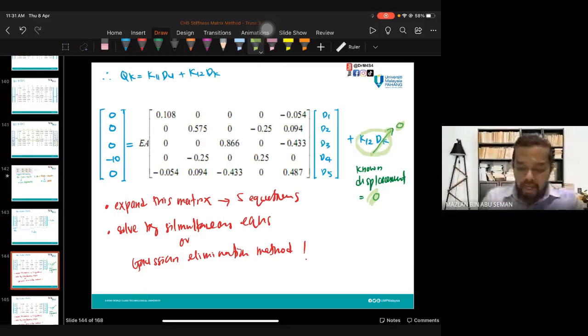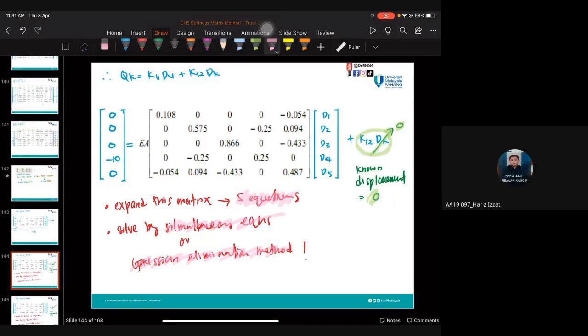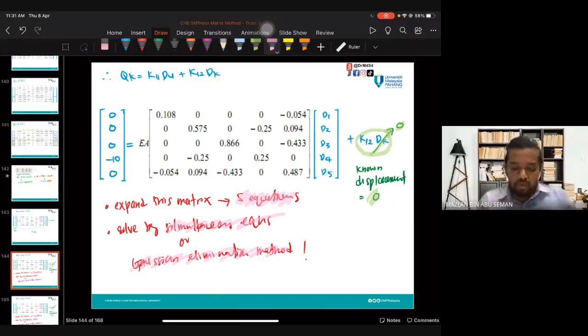So you expand this, you will get 5 equations. You can solve it by simultaneous equations or the Gaussian elimination method. Did you learn the Gaussian elimination method before? Yes, Doctor. Which subject? Numerical method. So you should have no problem to solve this simultaneous equation. When you answer your exam, please write how you solve that.